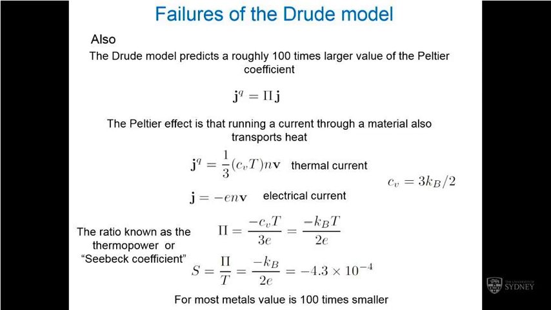Anyway, it's equal to this constant of proportionality over temperature, and in Drude theory it's about 4.3 times 10 to the minus 4. But when you actually measure real materials, we find that it's about 100 times smaller in real materials. So this is another kind of failure of Drude theory. So it has some good things and some bad things, and the good things are a little bit fortuitous, as I mentioned there, because of the specific heat and the velocity of the electrons.